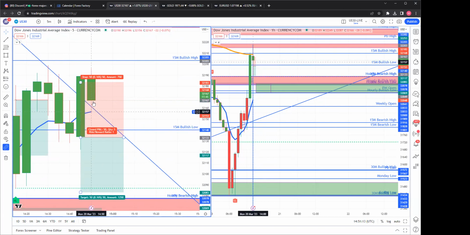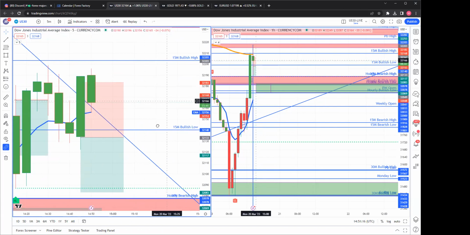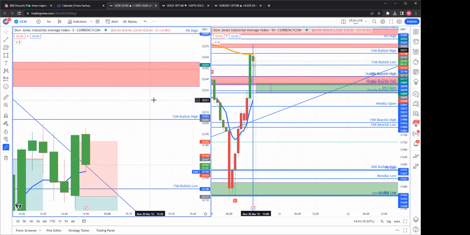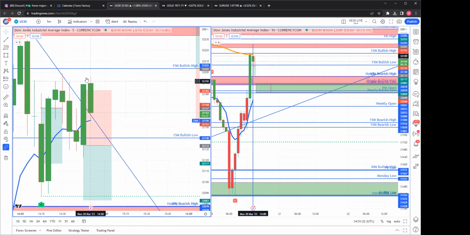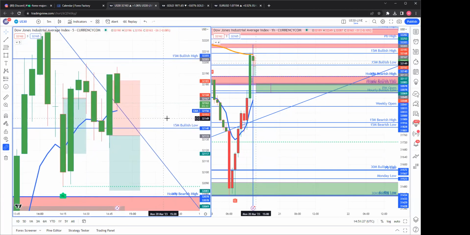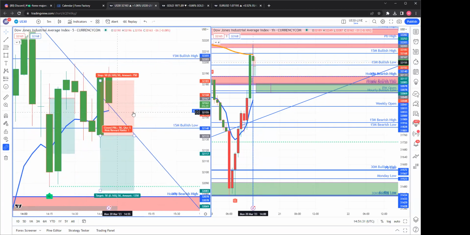If this retests and closes above, then we can catch that buy to ride price back up to either here or here. But this trend line is still in play for me, and I can use that to recover my loss for that trade.